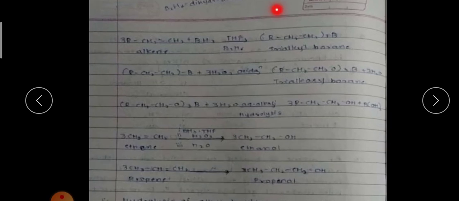Then hydroboration oxidation. In the hydroboration oxidation, boron hydride is added to the alkene to form the trialkyl borane, which on oxidation with alkaline aqueous hydrogen peroxide gives the primary alcohol. The boron hydride is BH3, that is, B2H6, diborane.